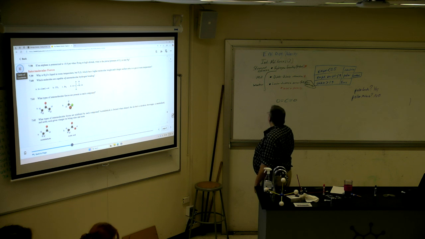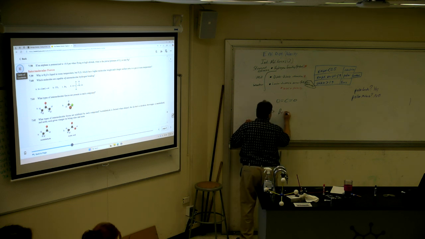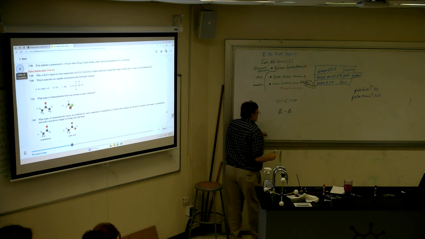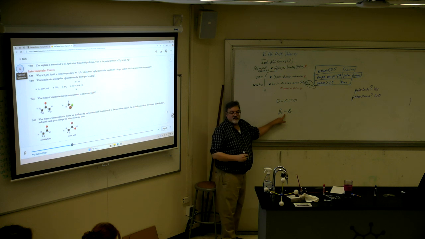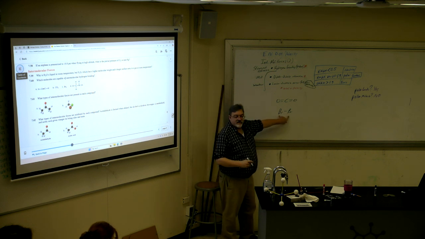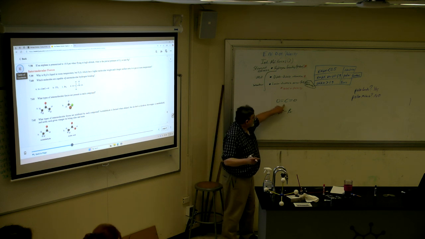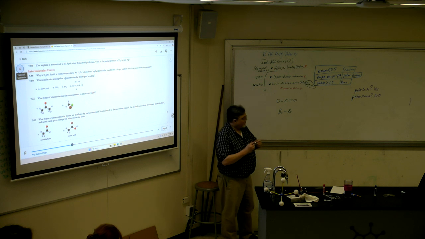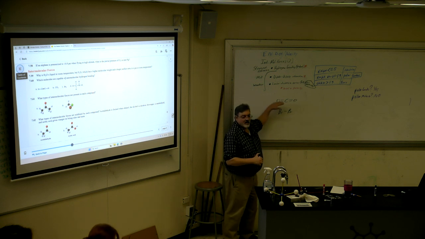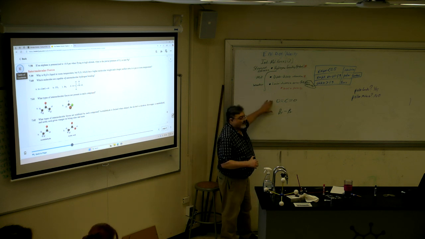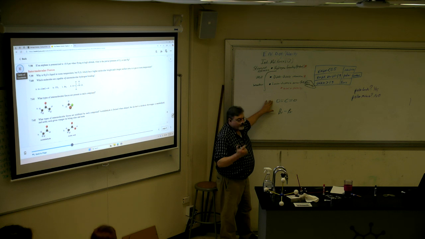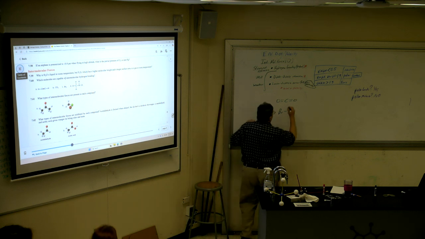And the other one there is Br2. There's of course no polarity here. Electronegativity differences are going to be 0 here. Carbon and oxygen, that's some polarity, but this is linear. So it's going to cancel out and that won't be polar either. That's the tricky part.